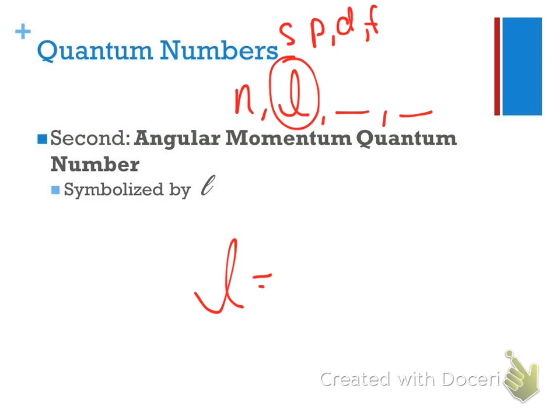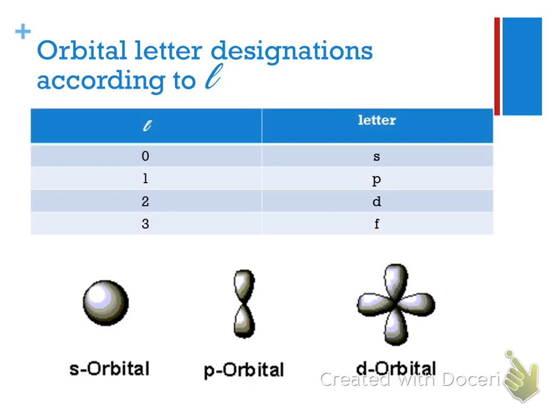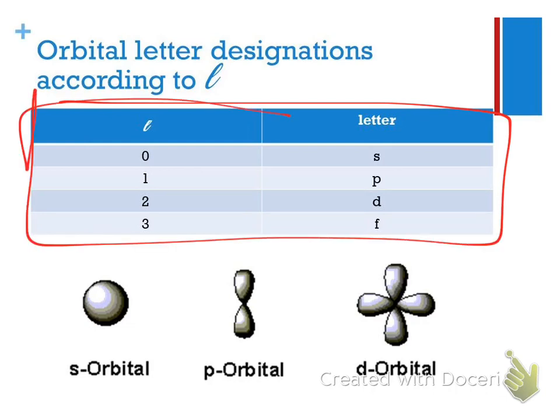And so it looks something like this. If that electron is found in an S orbital, then L equals 0. If it's found in a p orbital, then L equals 1, and so on and so on. That little chart you need to have down in your notes somewhere.